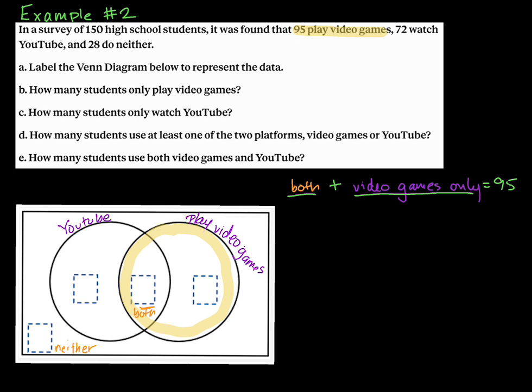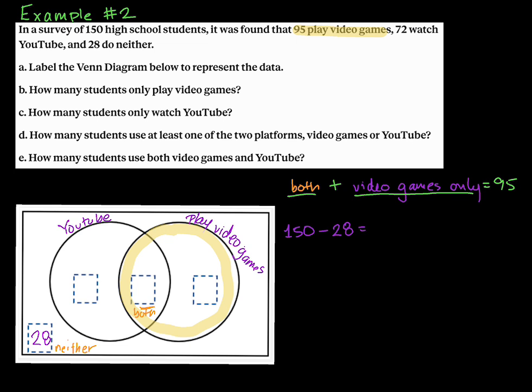But we do know that 28 do neither. So this means it's 28. And if I take the total, which is 150, and I subtract those 28, I'm actually going to get the answer to part D here.